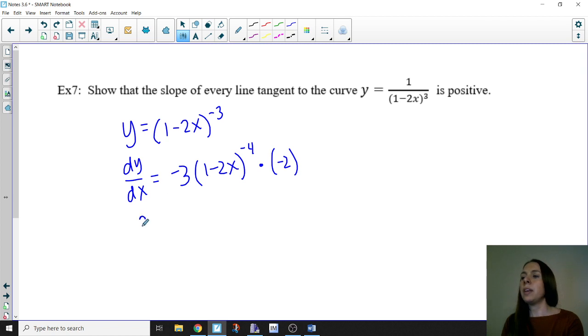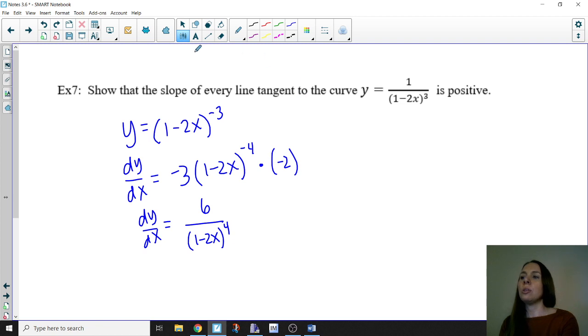Now let's put that back into a rational form. -3 times -2 is 6. That will be your numerator. These numbers do not have a negative power with them, so they do not get moved to the denominator. You can multiply them together. But the 1 minus 2x will go to the denominator with a +4 power.